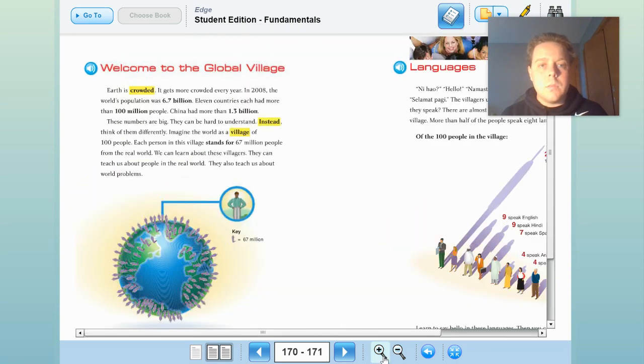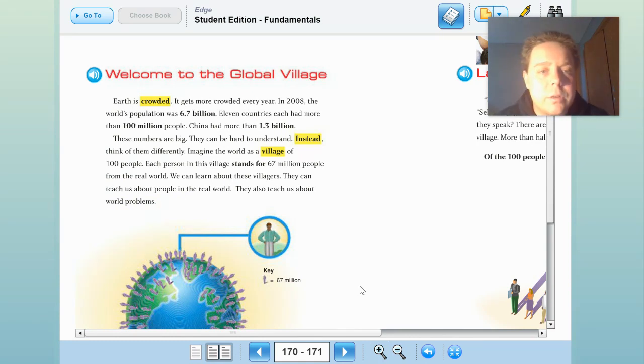So, welcome to the global village. The earth is crowded. It gets more crowded every year. In 2008, the world's population was 6.7 billion. 11 countries had more than 100 million people. China had more than 1.3 billion. These numbers are big.